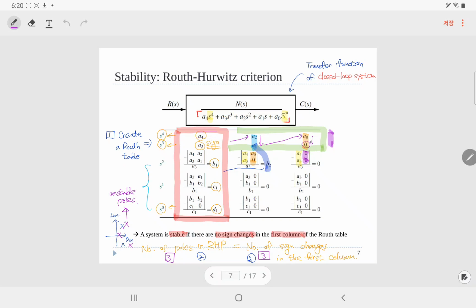A4. 그 다음에 아래로 내려오고 다시 위로 올라가고 아래로 내려오고 위로 올라가고 아래로 내려오는 형태예요. 없으면 0으로 채우는 거예요. 주어진 특성 다항식의 계수들로는 처음 두 개의 로우만 채우면 됩니다. 그 다음부터는 전부 계산이에요. 이건 규칙이에요. 이렇게 계산합시다라는 얘기예요. 그래서 두 줄을 딱 채우고요.